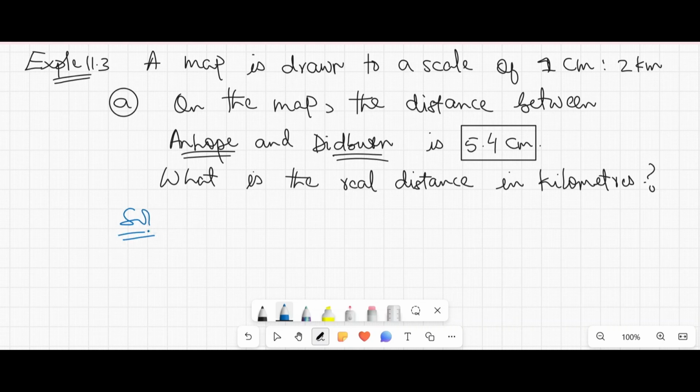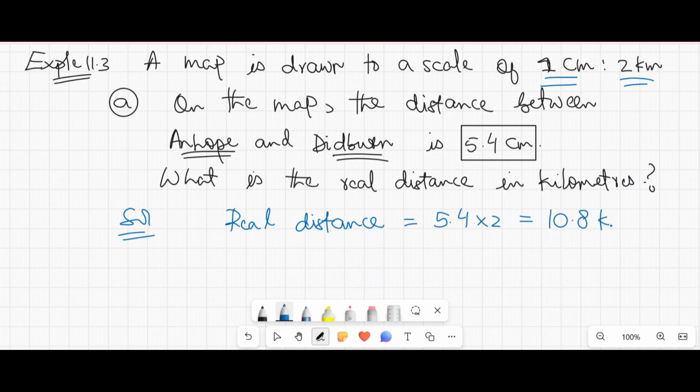Now to solve this: 1 centimeter represents 2 kilometers, so it's just double. If you multiply these centimeters by 2, they will be converted into a real life distance. So the real life distance is equal to 5.4 centimeters times 2, which becomes 10.8 kilometers in real life.